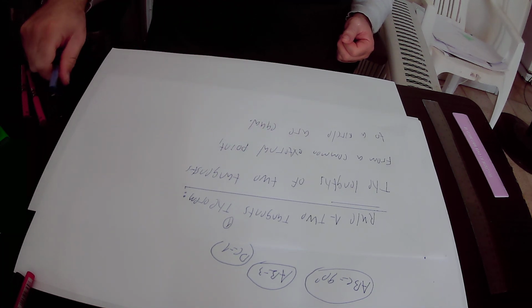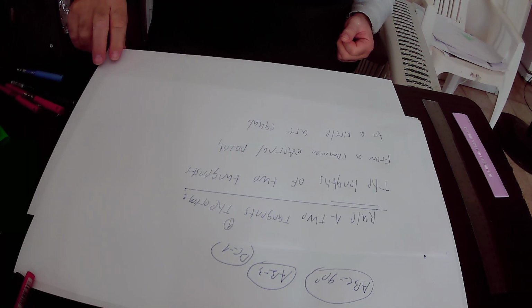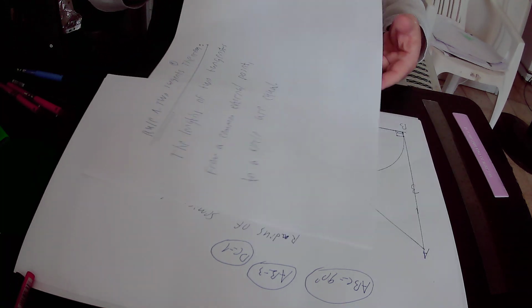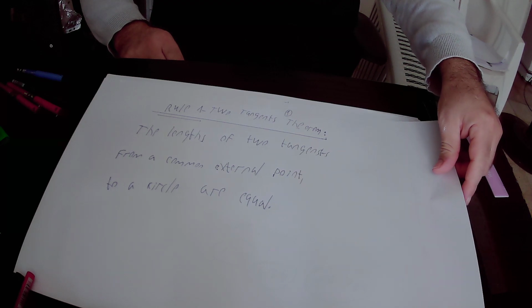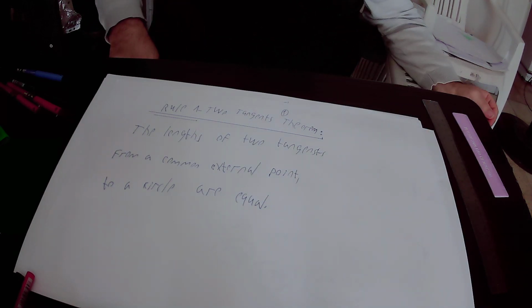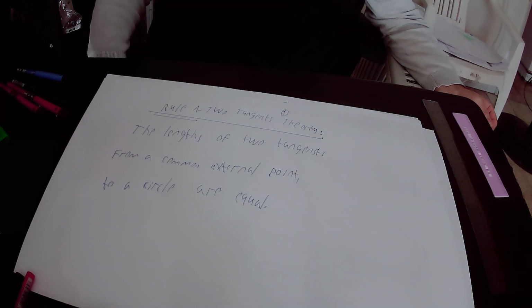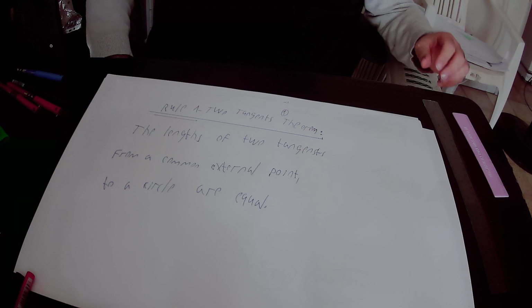So I will read rule number 1, or two tangents theorem, again. According to the two tangents theorem, the lengths of two tangents from a common external point to the circle are equal.